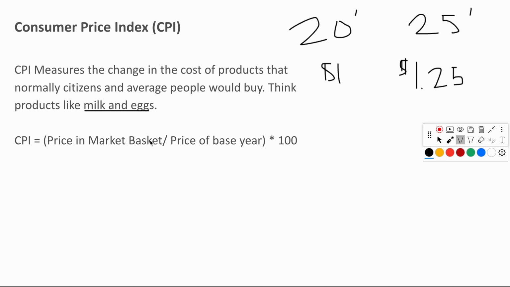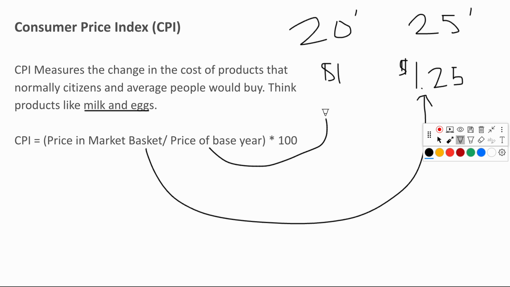The market basket is the current year, so the market basket is 2025. The base year is the year you're comparing it to, so in this case, it's 2020. The base year is always in the past. So $1.25 divided by 1 times 100.